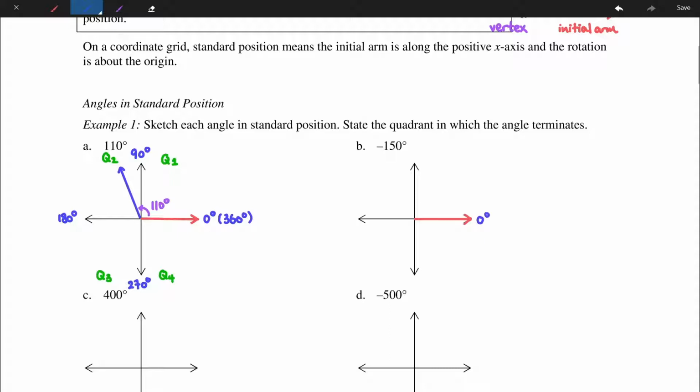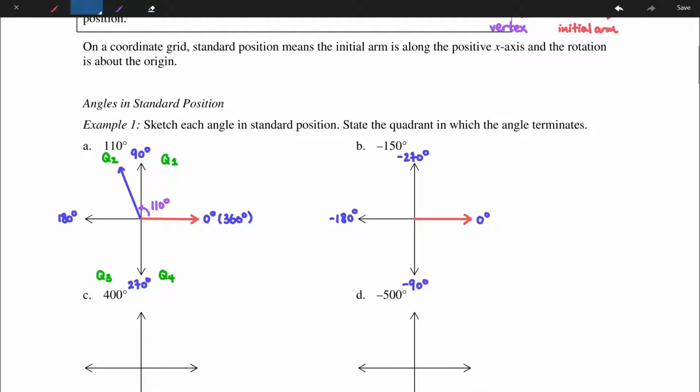So anyway, back into example B, if we are to draw negative 150 degrees, then we start at 0, going clockwise in the negative direction, we have negative 90 degrees, negative 180 degrees, and then negative 270 degrees.